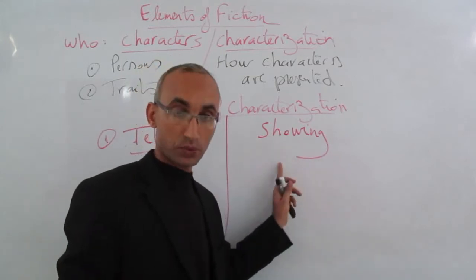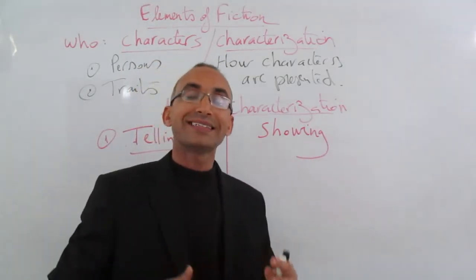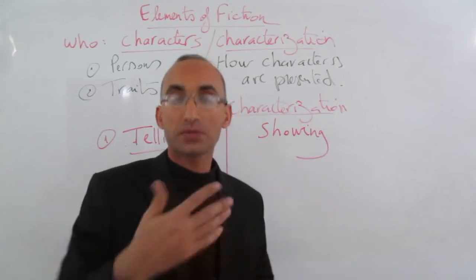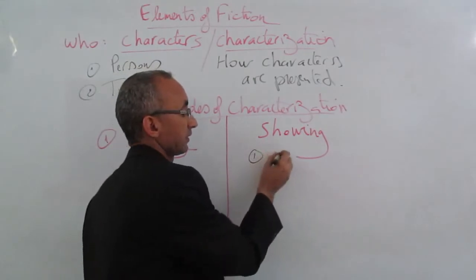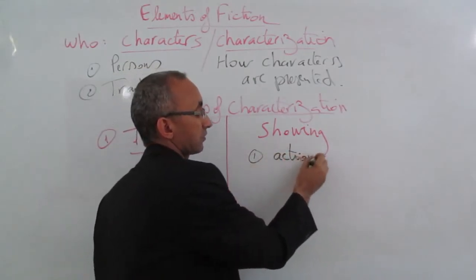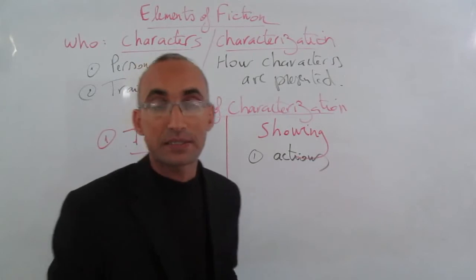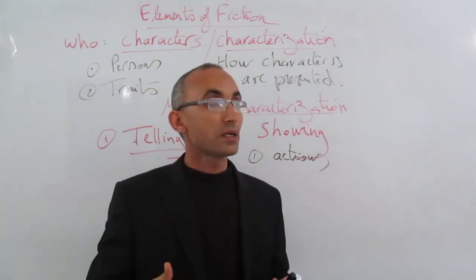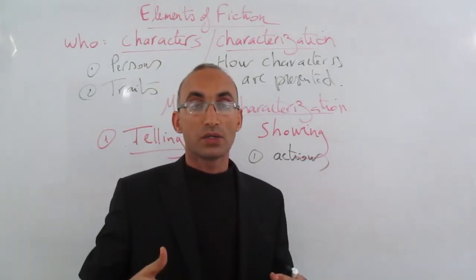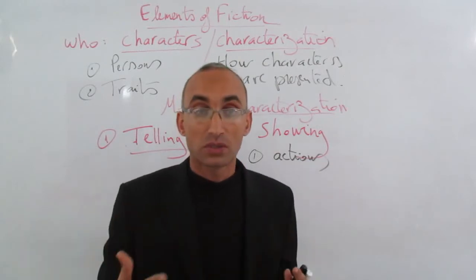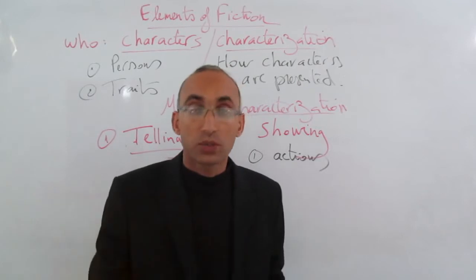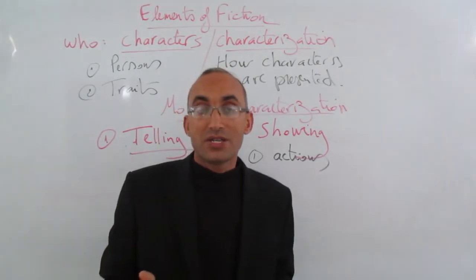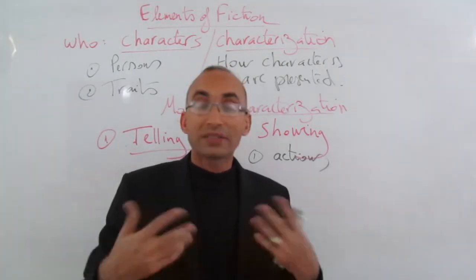In this mode, we have that kind of indirect presentation of characters through their actions. For example, we learn that this character is violent through his way of acting in the story. For example, he always shouts, he always involves himself in violent actions.